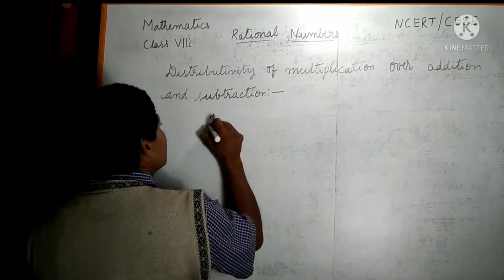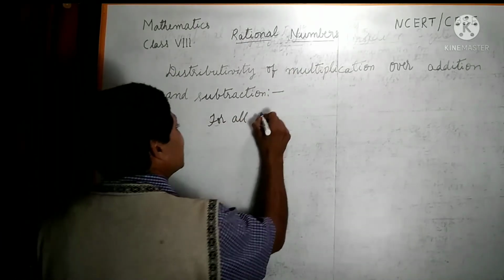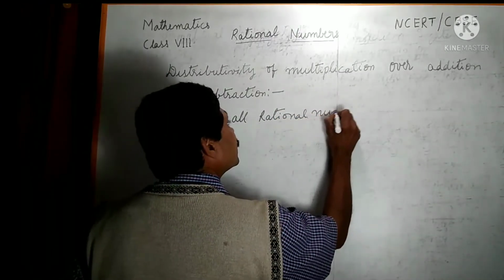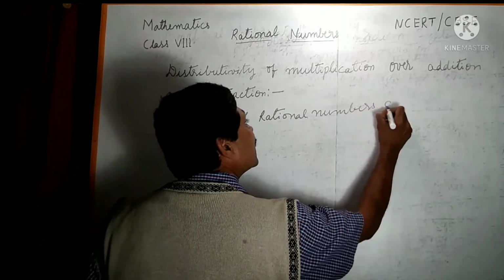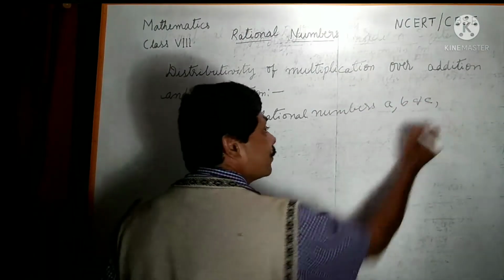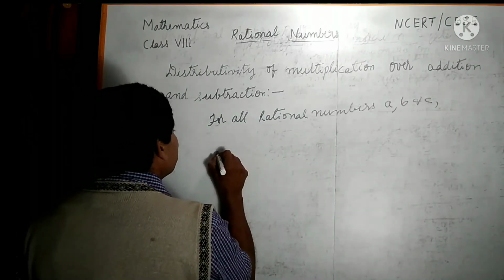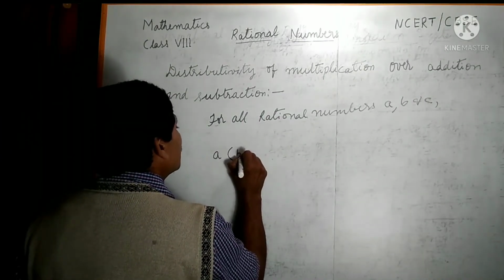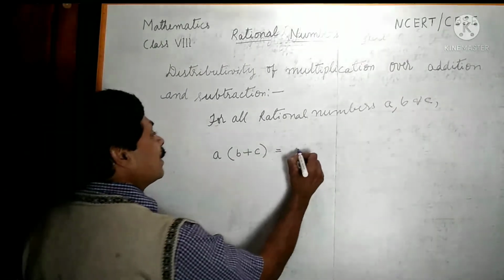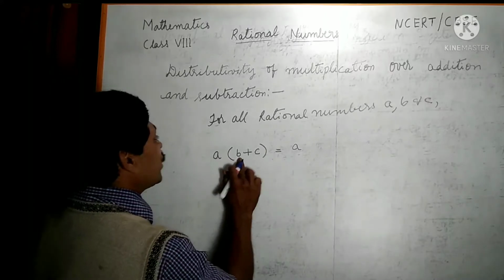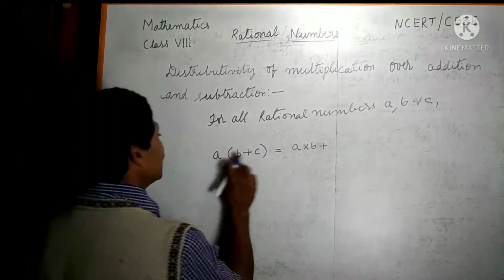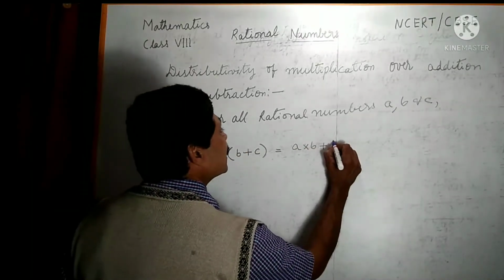For all rational numbers a, b and c, a into b plus c is equal to a into b plus a into c.